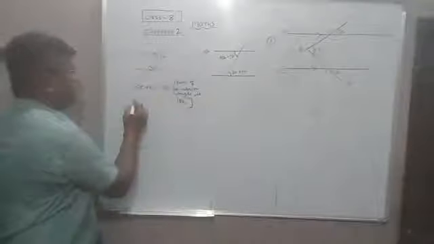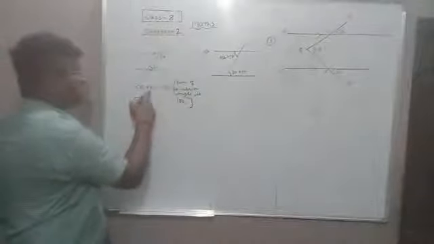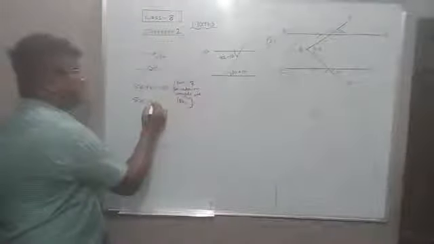So how can we solve it now? 5x is equal to 180 minus 60, because when 60 is transferred to the right hand side it becomes minus.